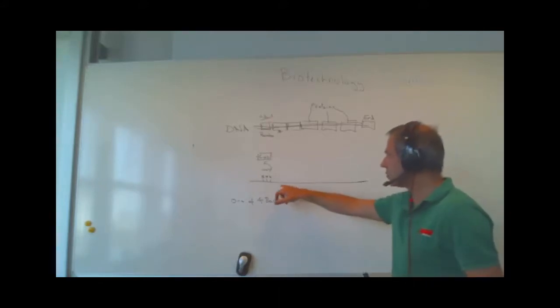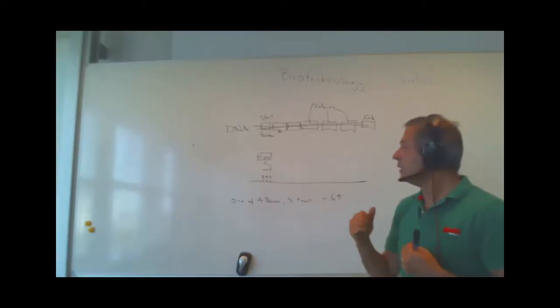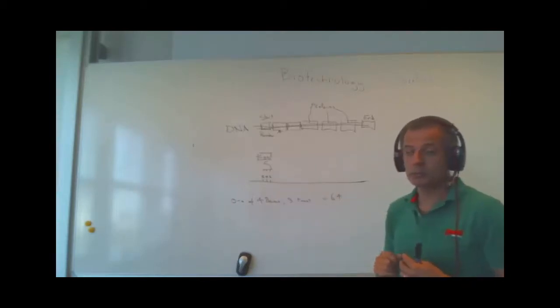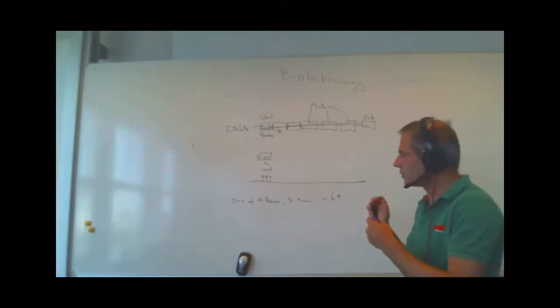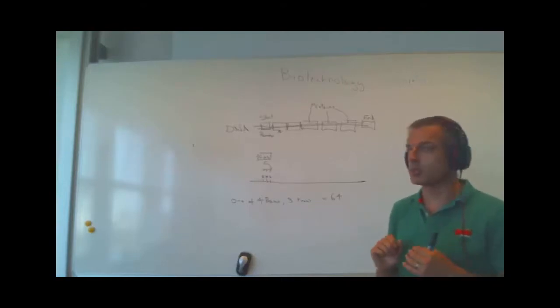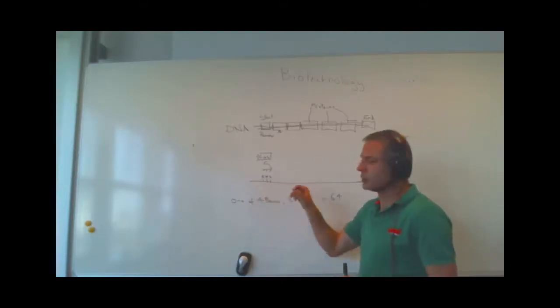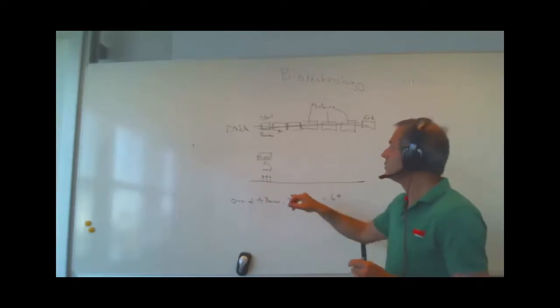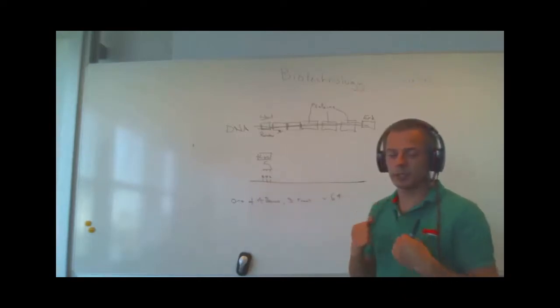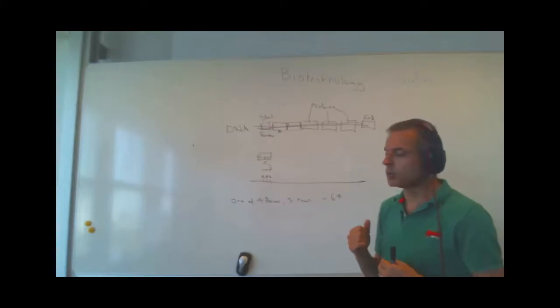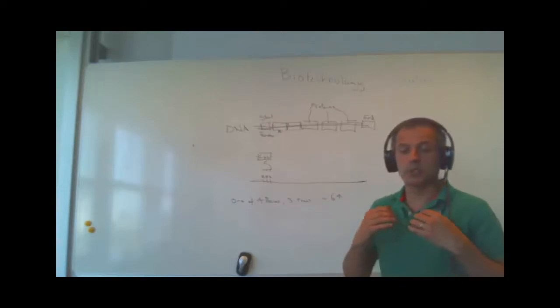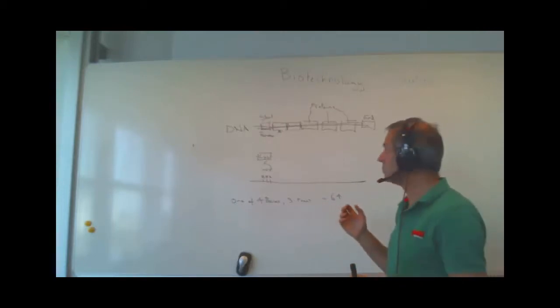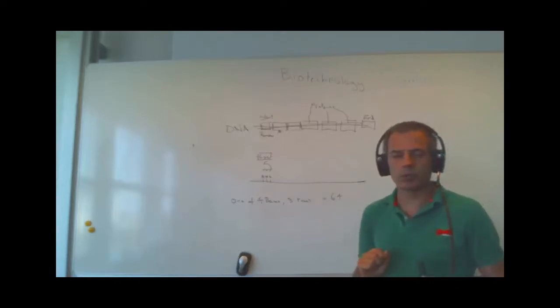There are not very many of them in there, and then we won't be able to make very much. So one of the tasks of the biotechnologist is sometimes to alter this code, to edit it slightly, to make it work better, to make it have more common codons in the target organism, so we can make more of the stuff that we want to make, in our case green fluorescent protein.